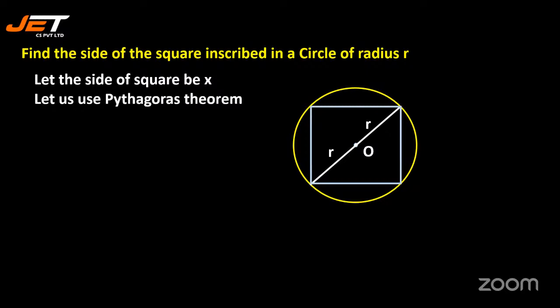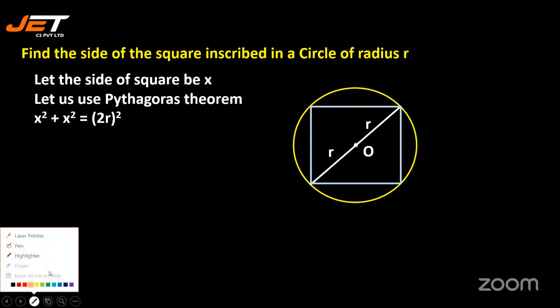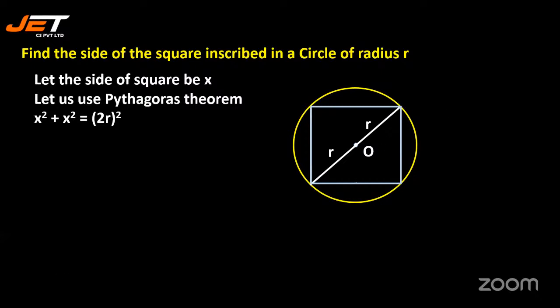When we use the Pythagoras theorem, we say that x square plus x square is 2r square. Yes, so this is x, this is x.